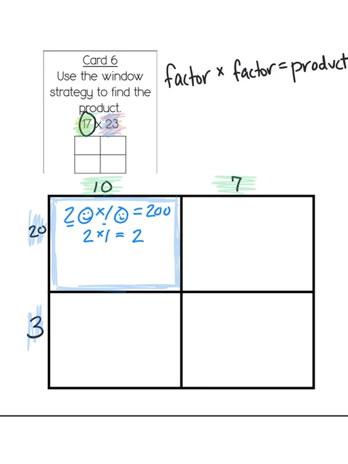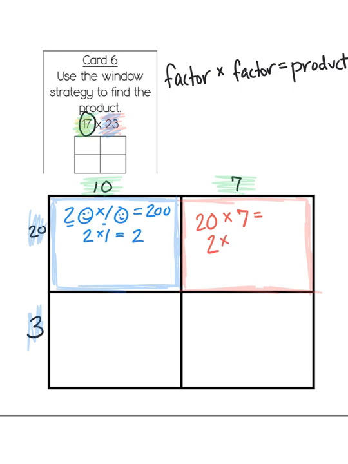Then I need to multiply. My next partial product is going to be 7 times 20. So I'm going to multiply 20 times 7.